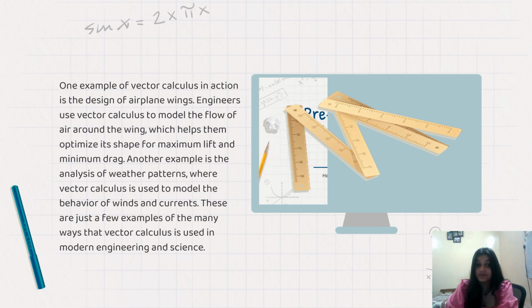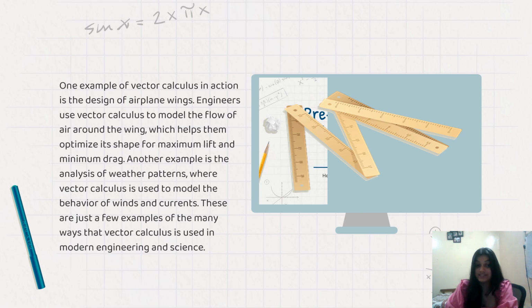One example where vector calculus is used is airplane wings. Engineers use vector calculus to model the flow of air around the wing, which helps them optimize the shape for maximum lift and minimum drag. Another example is to analyze weather patterns, where vector calculus is used to model the behavior of winds and currents.